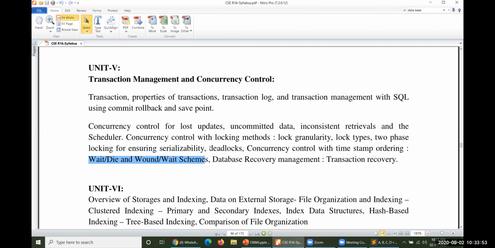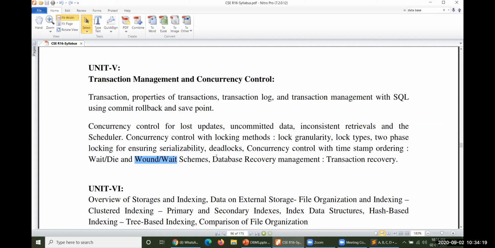So what are the different possibilities to have deadlock? Number one, what is starvation in transactions? Number two, timestamp ordering protocols, that is wait-die and wound-wait. These four items will be discussed tomorrow, and tomorrow we shall finish off concurrency control.